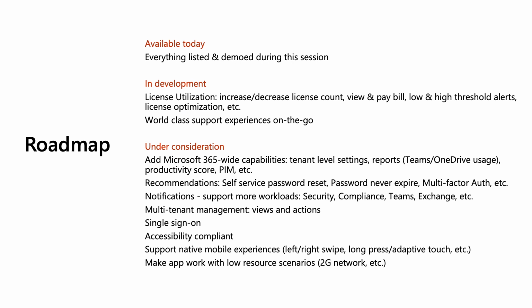While on the move, you should be able to view and pay your bills, increase and decrease the seat or license count, be alerted if the number of unassigned seats go above or below the thresholds you set, and perhaps also invest in license optimization so that you get the most out of your Microsoft 365 subscription.